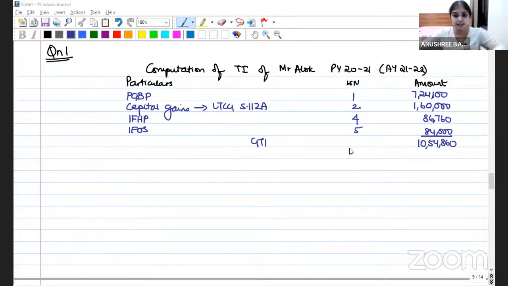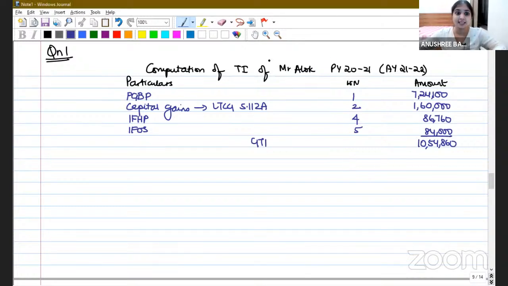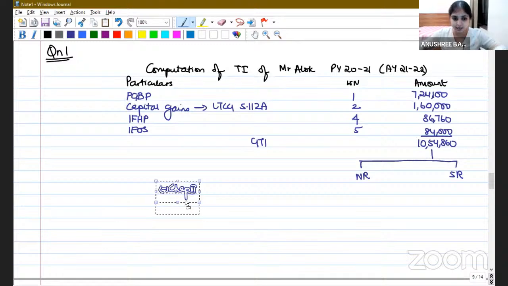Now, from this, we are supposed to subtract chapter 6A. Before I subtract chapter 6A, does any concept strike your mind again? Think, something is supposed to be done before subtracting chapter 6A. I am supposed to split this income into two parts, right? Normal rate income and special rate income. Why do I do that? Because chapter 6A deductions are allowed only against normal rate income.